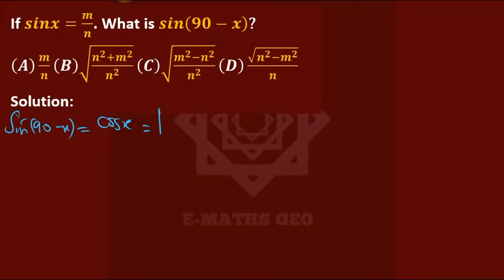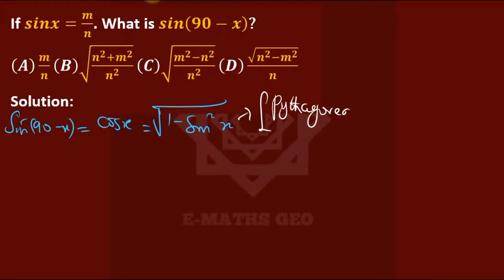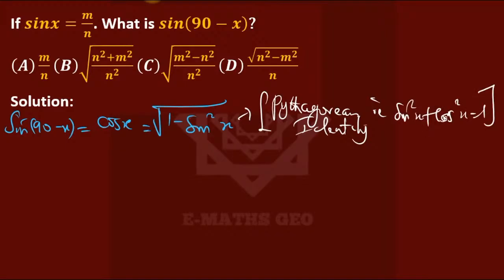So therefore, this is now equal to the square root of 1 minus sine squared of x. That is based on the Pythagorean identity: sine squared x plus cos squared x is equal to 1.